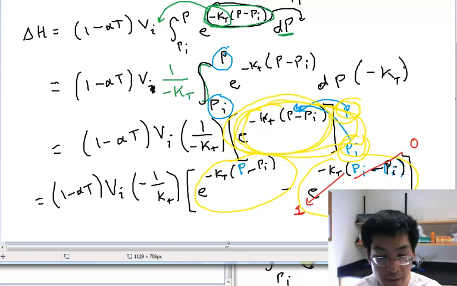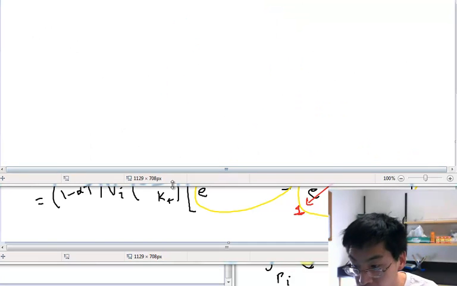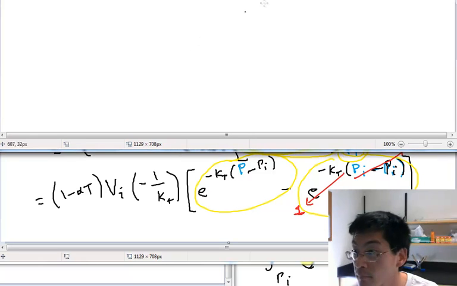Okay, so now let me rewrite this to clean it up for you. I need a new page for that. Okay, here's a new page.